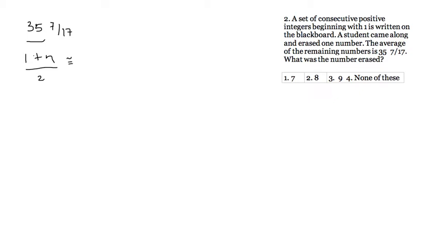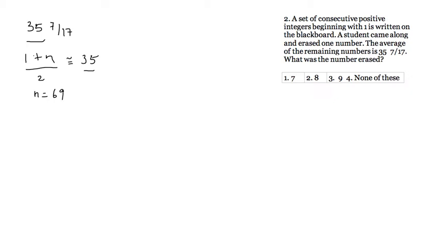We know that in an arithmetic progression, the average is first plus last upon 2. So if I take this into consideration, I will get n as 69. And approximately, we'll not take this at face value.